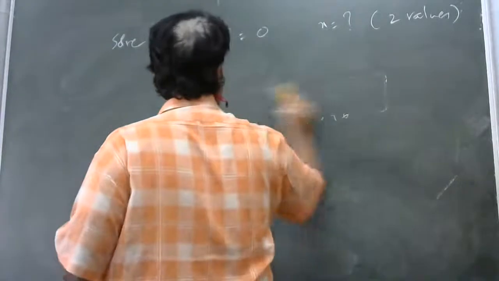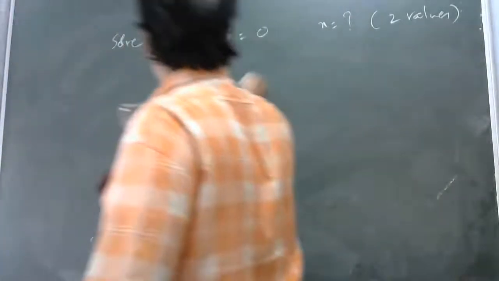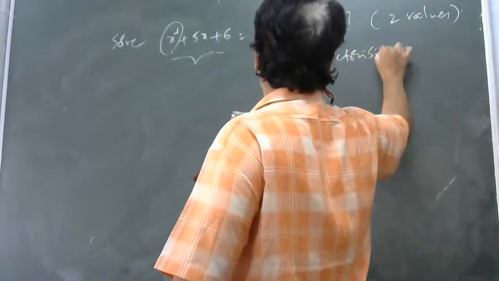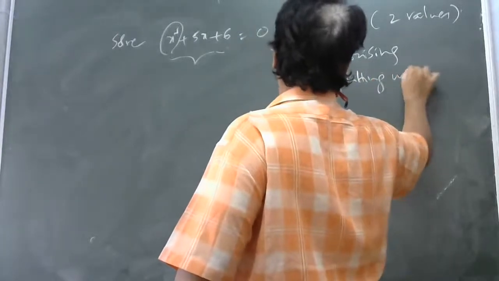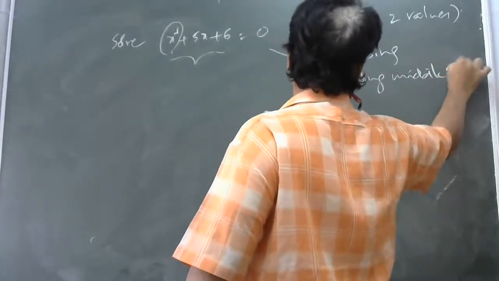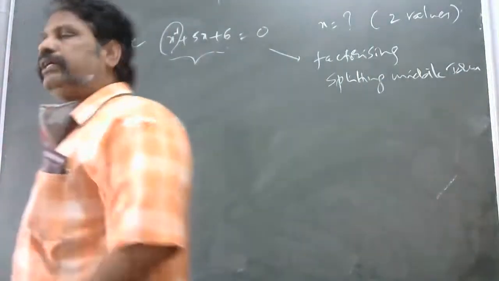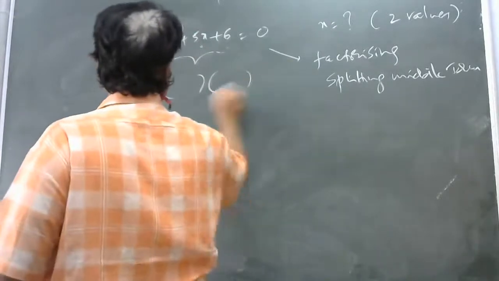That is, first one is splitting the middle term or factorizing. We call it factorizing or splitting the middle term. Both are the same only. I mean this expression is written as two parts, and each is equal to 0.